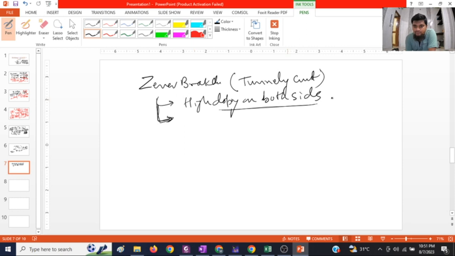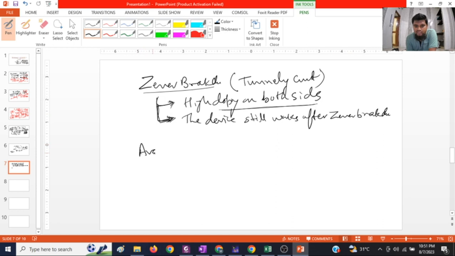Even if one side is lightly doped, this Zener breakdown will not occur. Another important thing to remember in Zener breakdown is that the device still works after Zener breakdown.